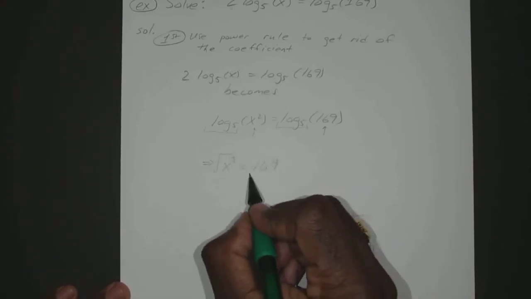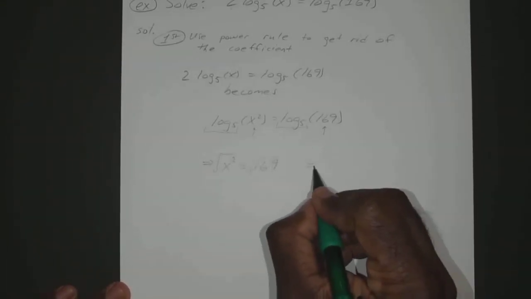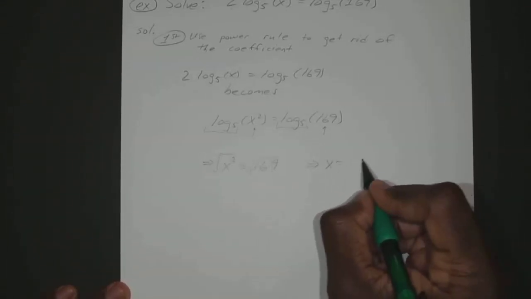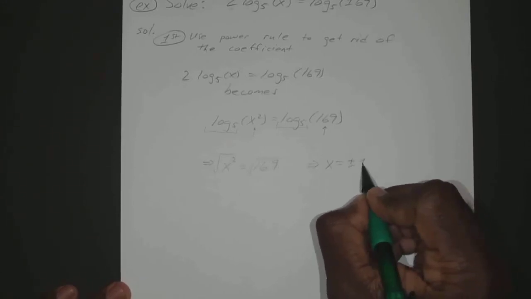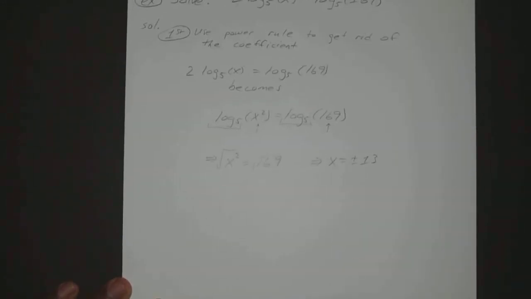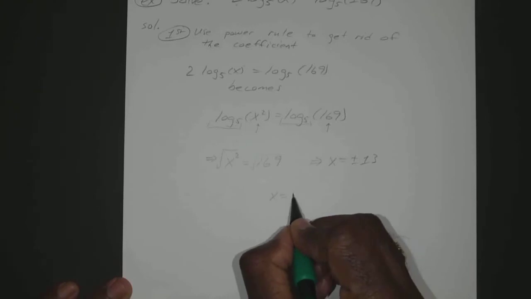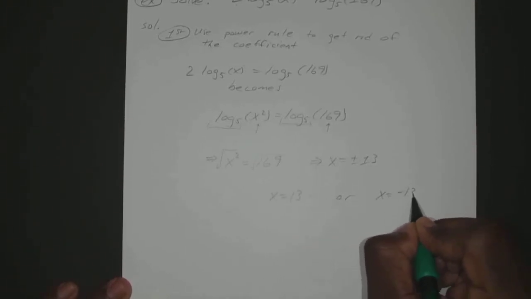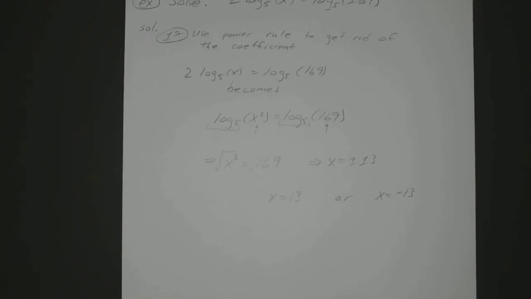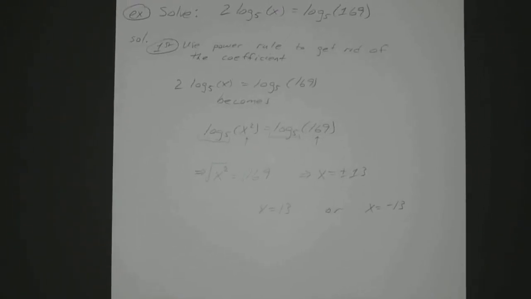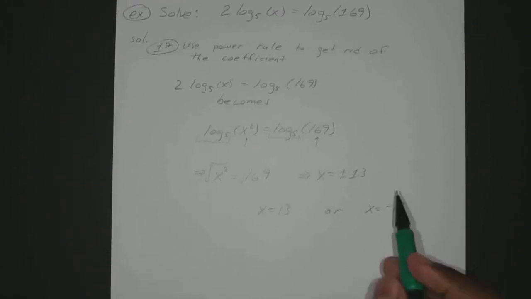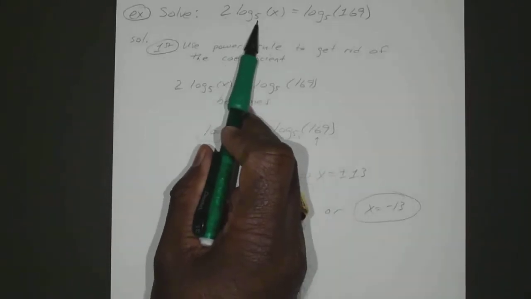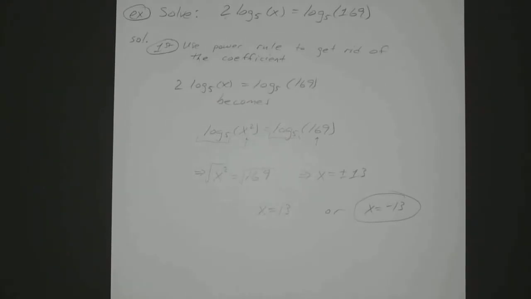So we take the square root of both sides. x can equal positive or negative 13, so x can equal 13 or x can equal negative 13. The only thing is, if we plug in negative 13, we'll have log base 5 of negative 13, which is undefined.